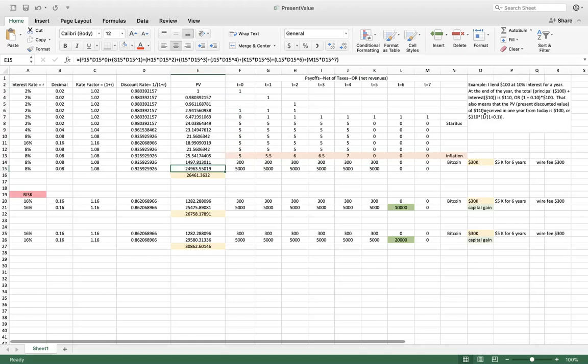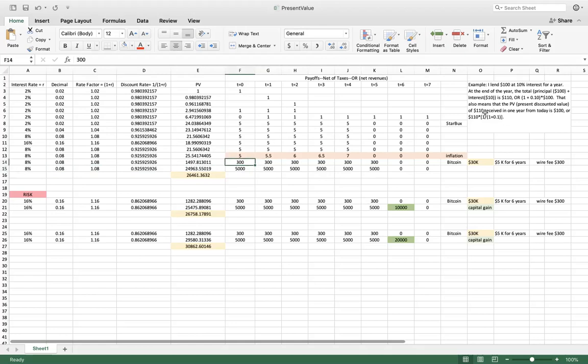So what's the present discounted value of that $5,000 for 6 years at an interest rate again of 8%? It's $24,963. It's not the full $30,000, right? Because I've spread it out, and I've given up the ability to earn interest, leaving that $30,000 in my bank account by buying a Bitcoin instead.